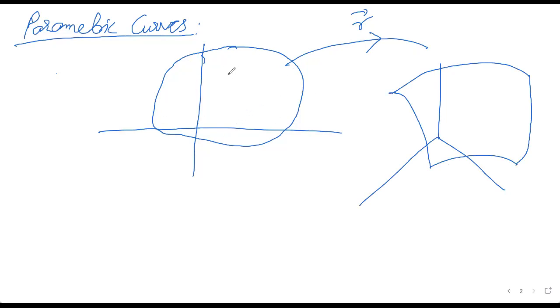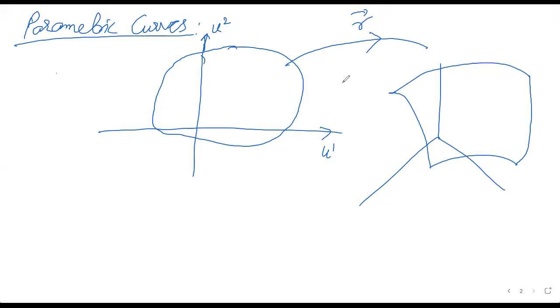So suppose now I am taking this as the xy plane, or say the uv plane. So what will be in the uv plane? It is your u1, u2 plane, or it is your u1 axis and your u2 axis. I can write that.